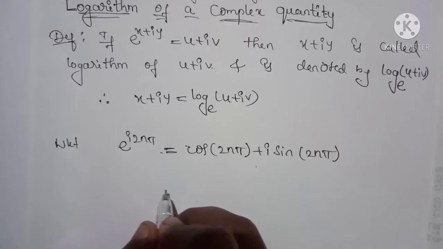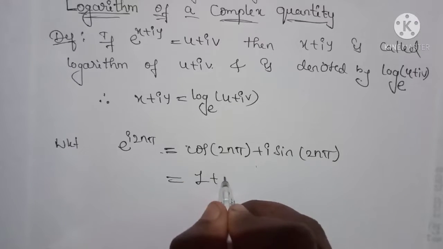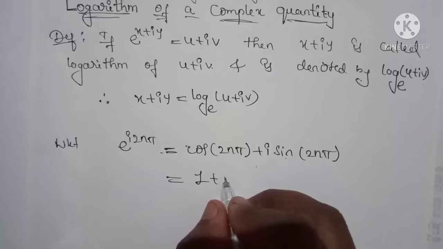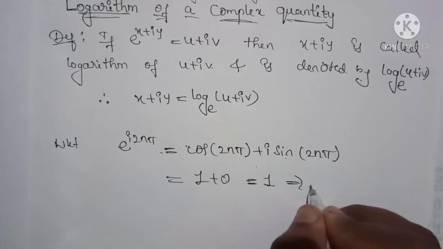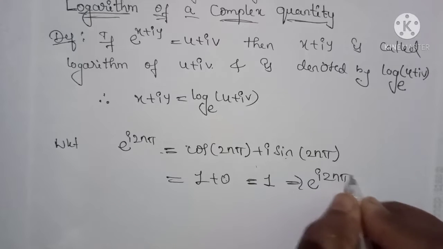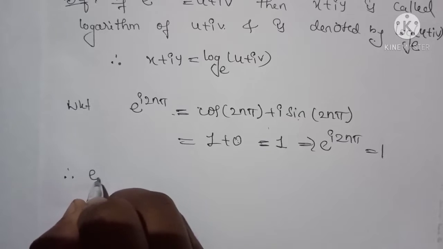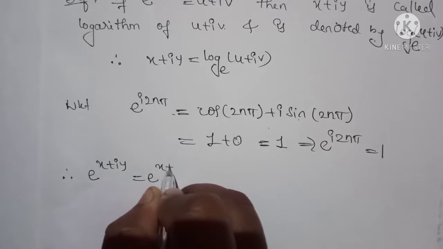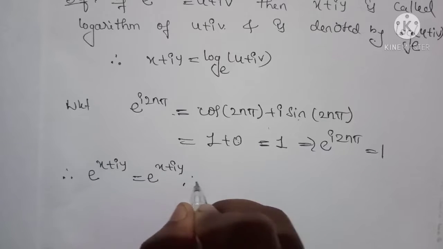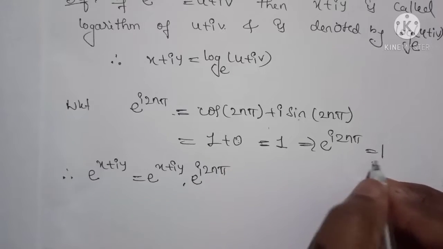Now we know that cos of 2n pi is 1 and sin of 2n pi is 0, so we get 1. That means e raised to i 2n pi is equal to 1. So therefore this e raised to x plus iy can be written as e raised to x plus iy into 1, and in the place of 1 we can write e raised to i 2n pi because its value is equal to 1.